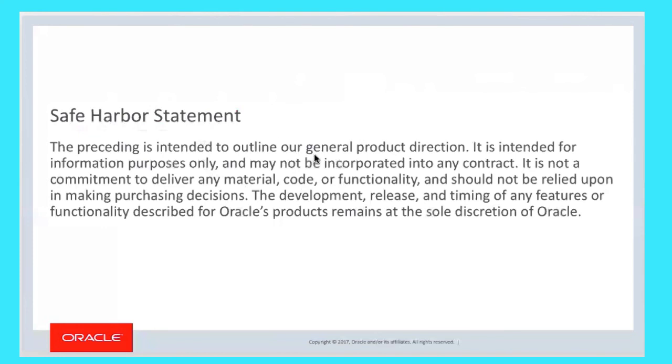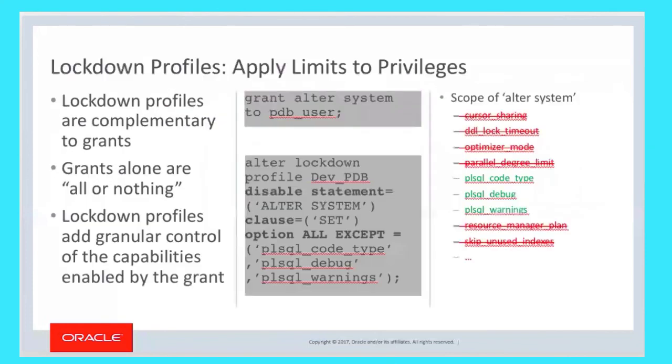I mean, if we are creating this as a sysdba, right? The lockdown profile. Yes. I mean, the only way to revoke is again deleting this, or altering this via grants, right?